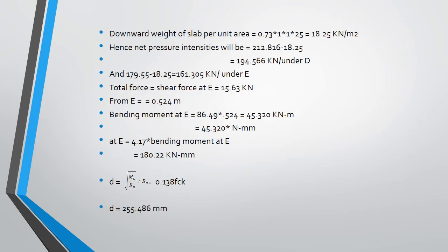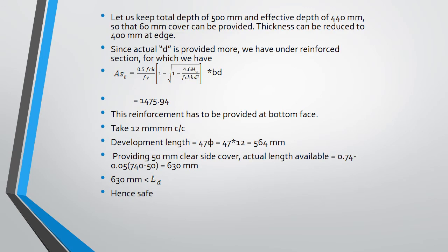Here you can see the calculations of the design of the toe slab, from which we got a depth of 255.486 mm. So to ensure safety, we took 500 mm overall depth, with an effective depth of 440 mm, so that a 60 mm cover can be provided, and the thickness can be reduced to 400 mm at the edge.